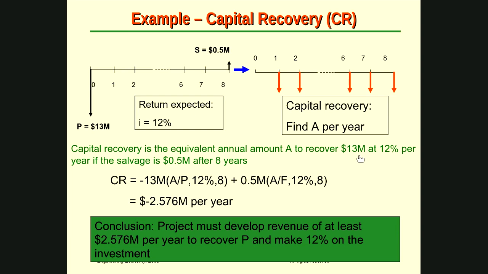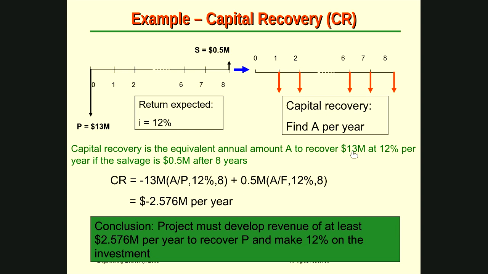So we are asked to find the capital recovery for an initial cost of 13 million, the interest rate is 12%, and the salvage is 0.5 million after 8 years. So the number of years for that project is 8. Pay attention, it's 0.5 million, not $0.5, and the initial cost is 13 million.